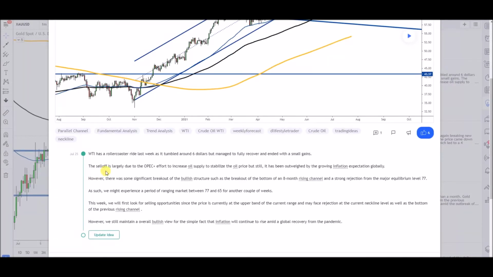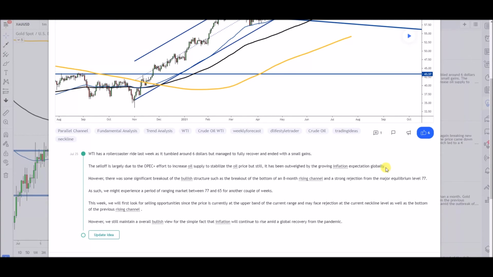The sell-off is largely due to the OPEC Plus efforts to increase oil supply to stabilize the oil price, but it has still been outweighed by the growing inflation expectations globally. Although there's the Delta variant and so on, the actual fact is the economy is recovering and reopening, and the demand for oil will be here and inflation will continue to rise.